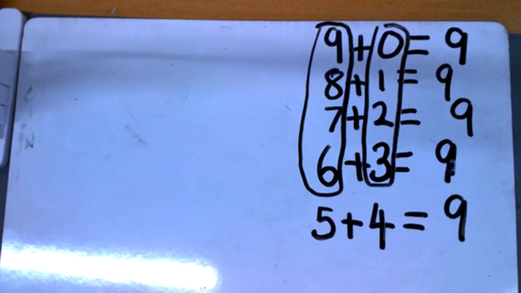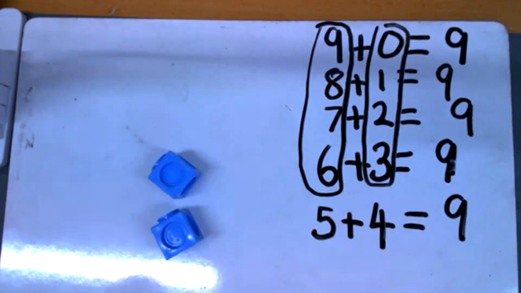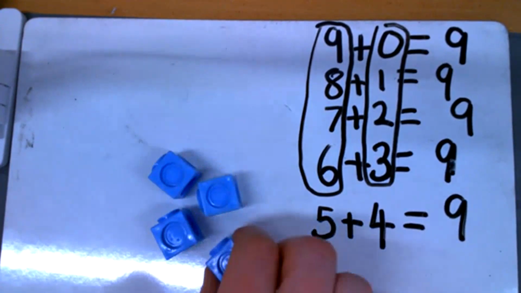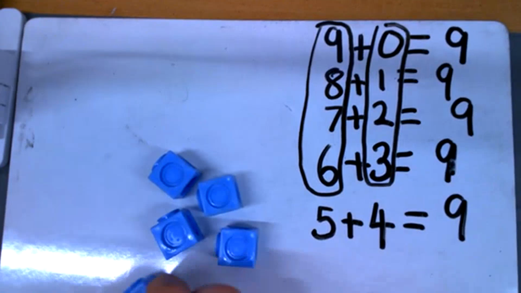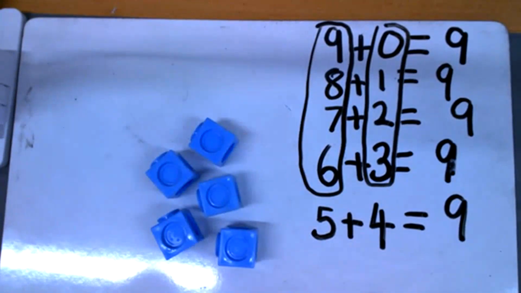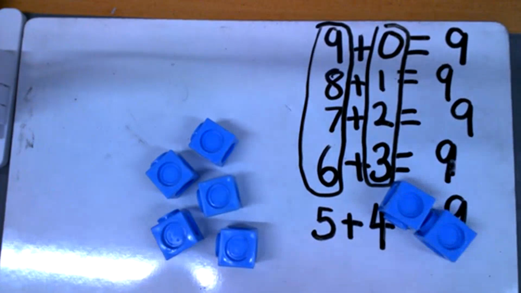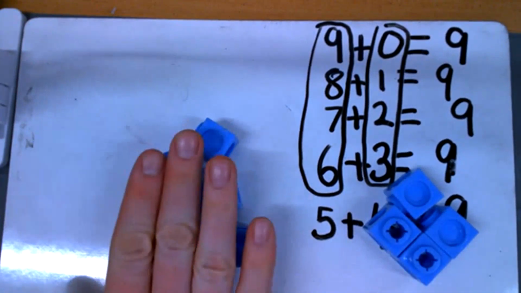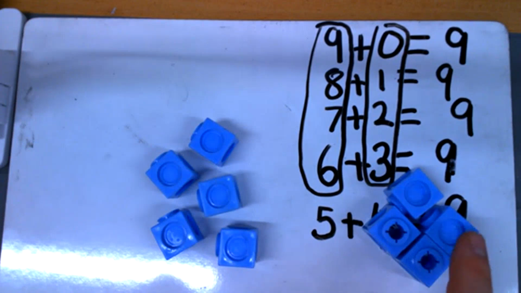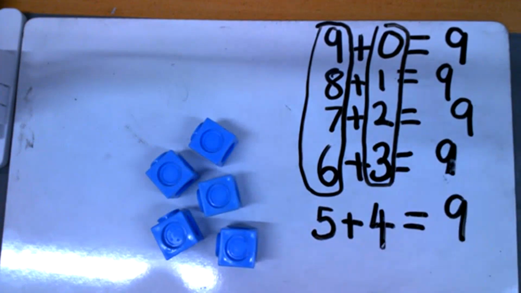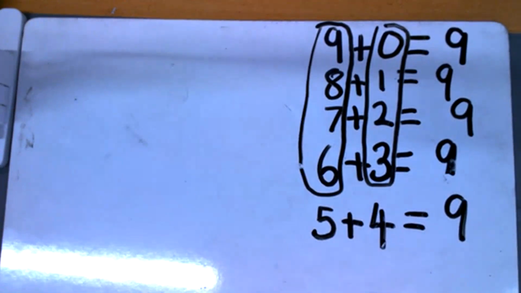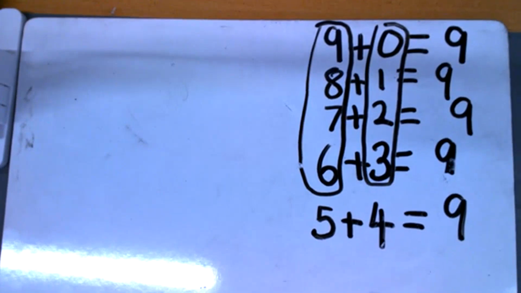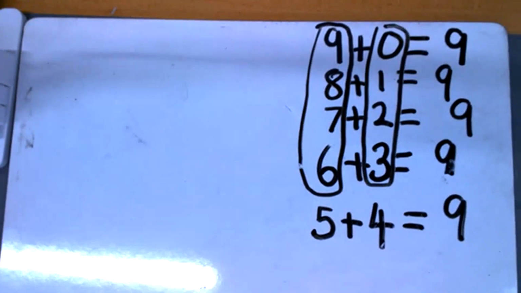So I need 5, 1, 2, 3, 4, 5. Okay, and I need 4. 1, 2, 3, 4. Count them all together. 5, 6, 7, 8, 9. Yeah, it works. Brilliant. Okay, let's move on.